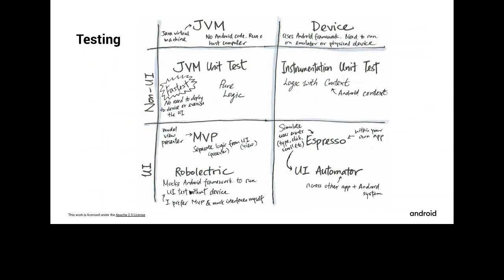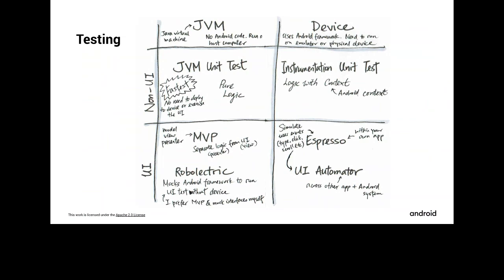And this here is not my work. This was originally made by another Android developer that does a lot of teaching, Chiuki Chan. She has a Twitter presence, and she is also a good resource for learning about Android, because she's an excellent teacher.